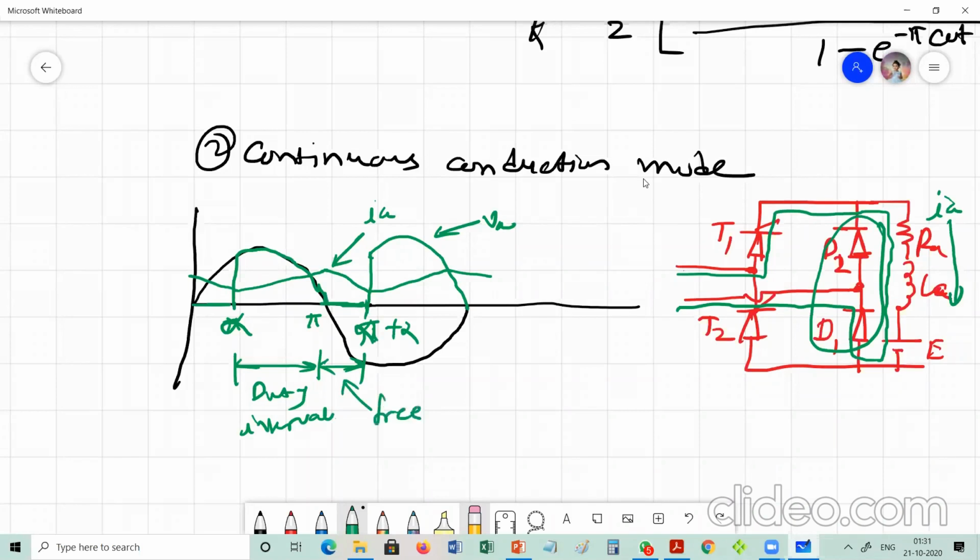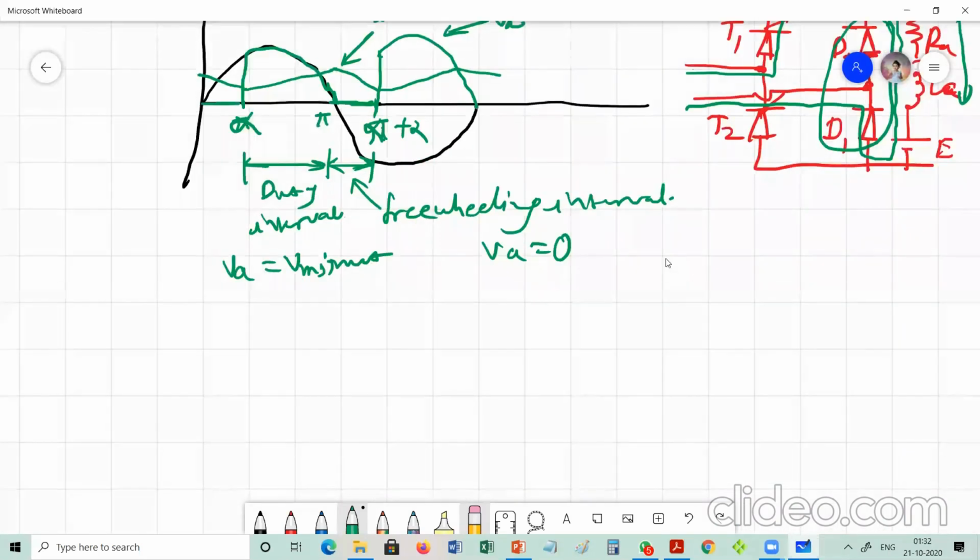So this is the freewheeling interval. During the duty interval, VA is equal to Vm sin omega t, and during the freewheeling interval, VA is equal to 0. The duty interval ranges from alpha less than or equal to omega t less than or equal to pi, and the freewheeling period ranges from pi to pi plus alpha.